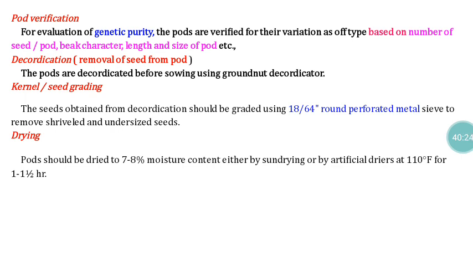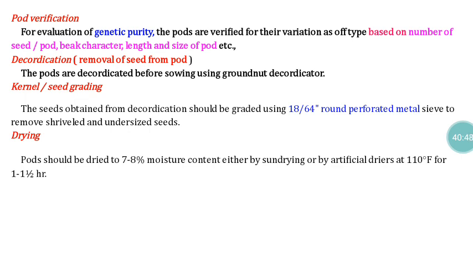Once you take the kernel out of the pod, it will lose its viability early. So whenever you go for sowing, only at that time should you separate the kernels from the pod. Before that, if you want to store your material, you should keep it in the pod form itself. That is the right way of doing it as far as groundnut is concerned.